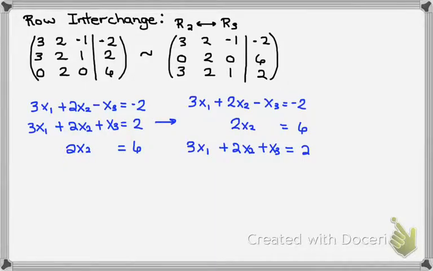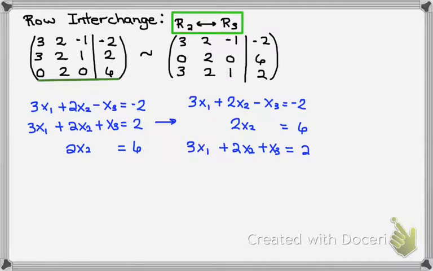Now let's look at each of the elementary row operations. First, let's see how a row interchange is performed. On the left here we have the augmented matrix for the linear system. When we perform a row interchange, we interchange 2 different rows of the matrix.